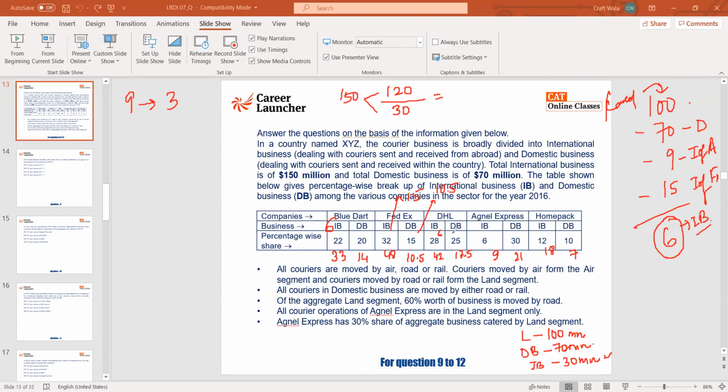That will make it only 23.5. For Agnel, everything is land only, so for Agnel it is 30. For this 6 plus 7, it will come to 13. So the highest is coming for Agnel itself.